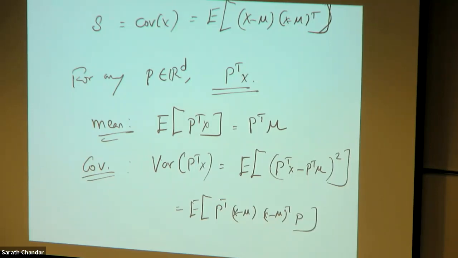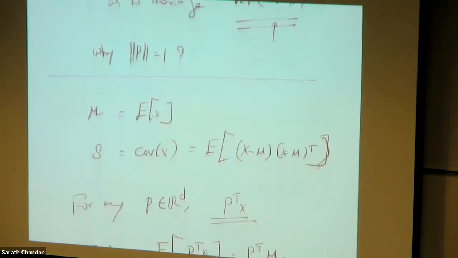Now we already know what this is. What is the expected value of this? It's the covariance of the original data, right? So this can be written as just P transpose S P. Is that clear? So what have I done so far?